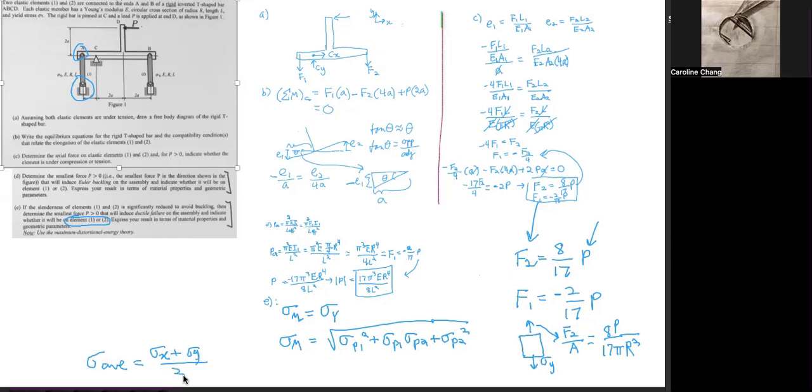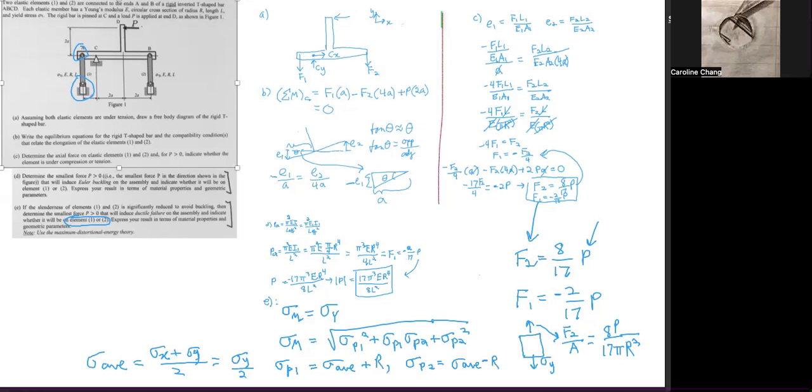But since there is no sigma x in this problem, sigma average is simply sigma y over 2. Our principal stress 1 is given by sigma average plus R, and our principal stress 2 is given by sigma average minus R. So now we have to calculate our R value.